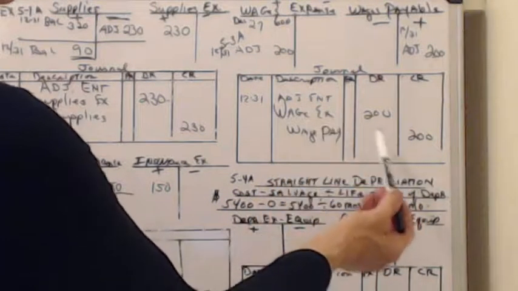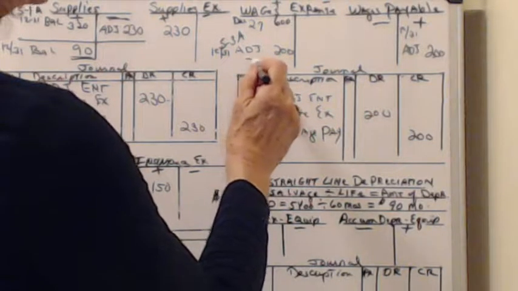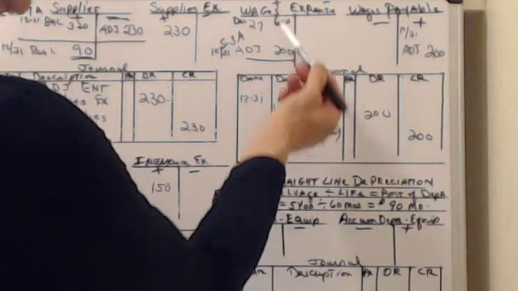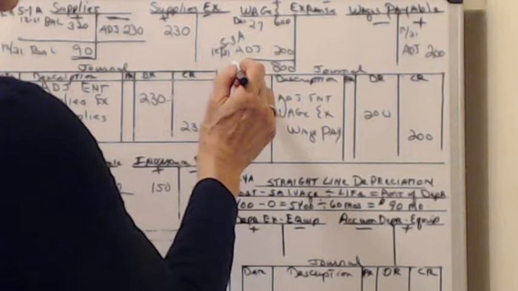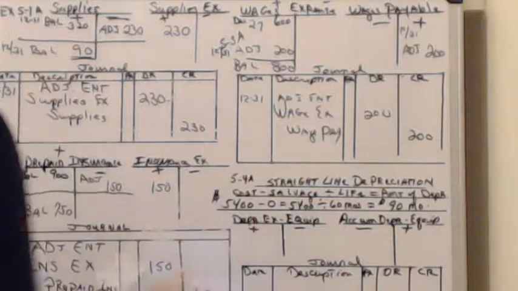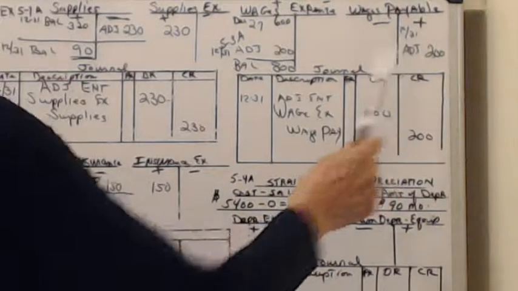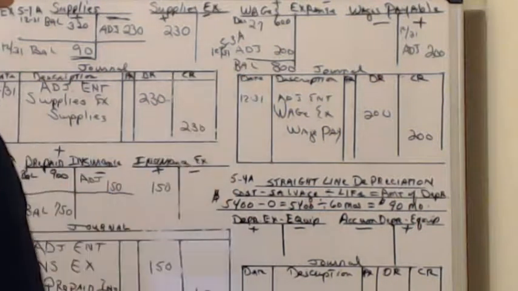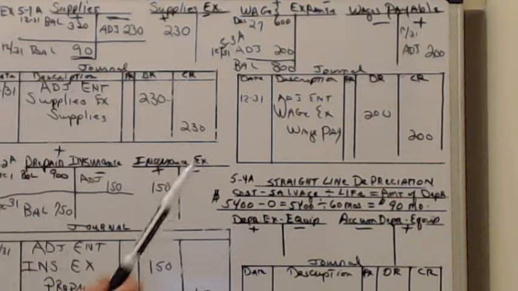And when that is posted to the ledgers, the wage expense account now changes. I have 2 debits, so now I have a new balance of $800 in the wage expense on the 31st of December. Wages went from $600 to $800, but this $200 is not paid yet. That $600 has already been paid that month. Now the last one we're going to go to is a little different. It's a depreciation of equipment.